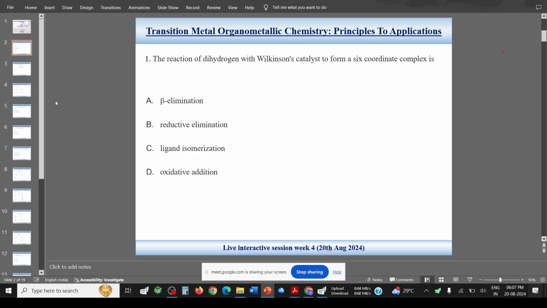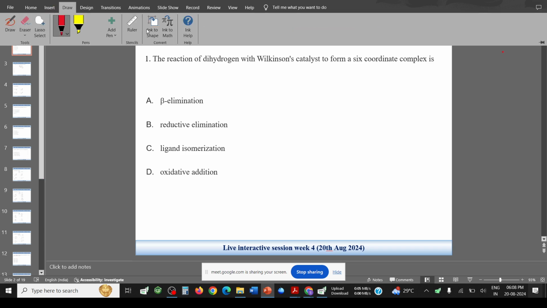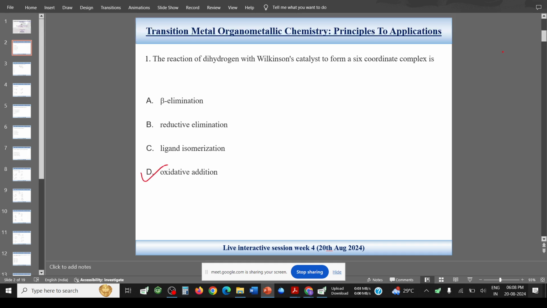The reaction of dihydrogen with Wilkinson catalyst to form a 6-coordinate complex is: beta elimination, reductive elimination, ligand isomerization, or oxidative addition.